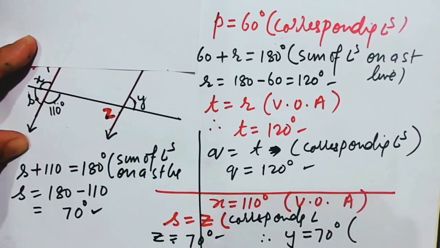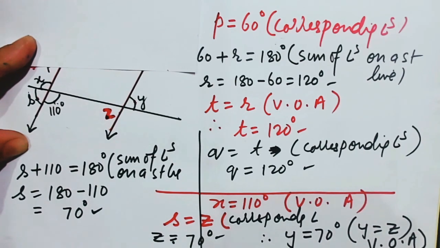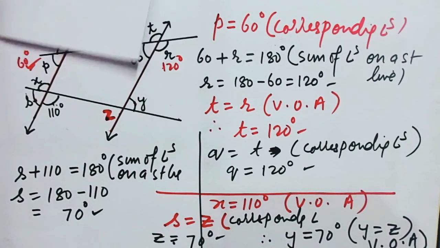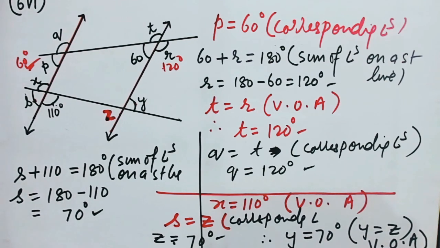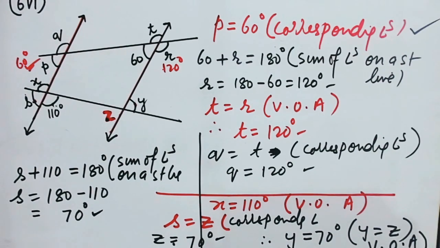Why? Because Y is equal to Z. Why? Because they are vertically opposite angles, isn't it? So if you are able to answer why, only then the application can be fulfilled. Thank you.